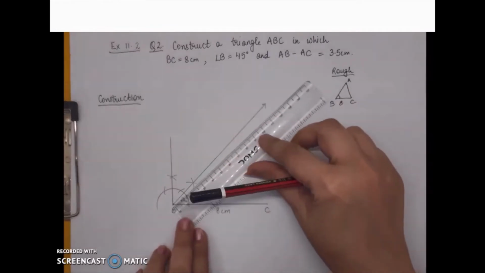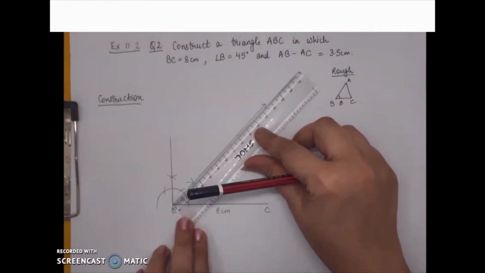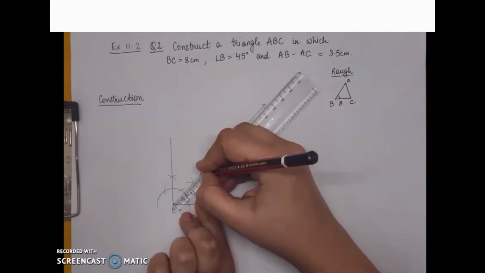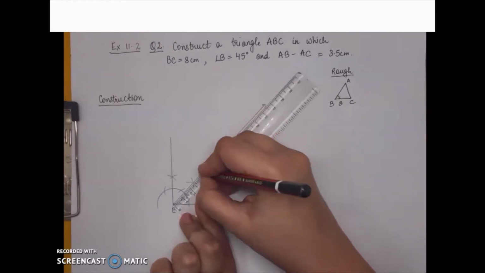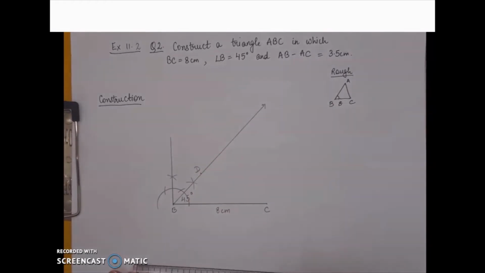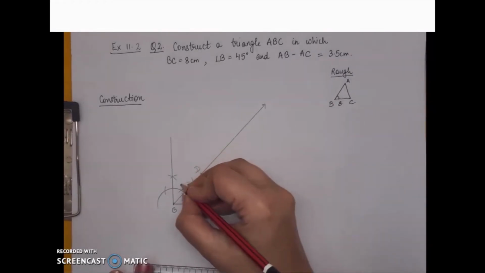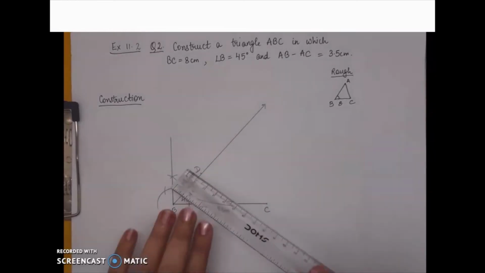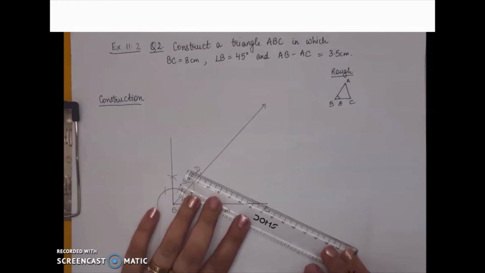Now on this line, that is angle B which we have constructed 45 degree, on this particular line measure 3.5 centimeter exactly. Mark that point as D. So BD is 3.5 centimeters. Then you will join DC.